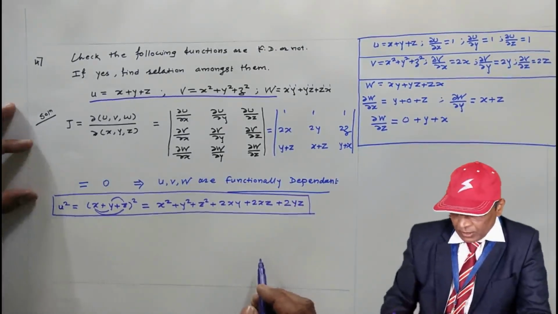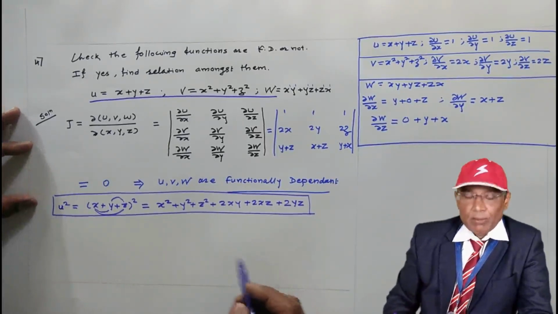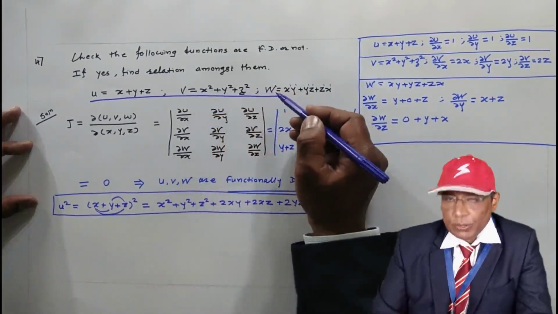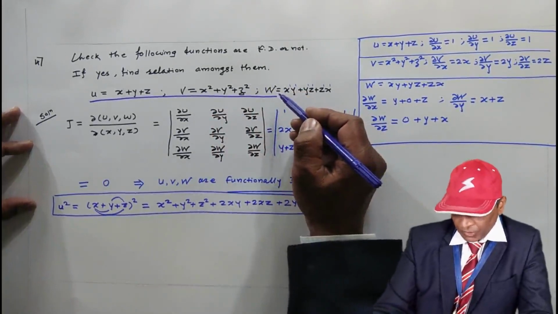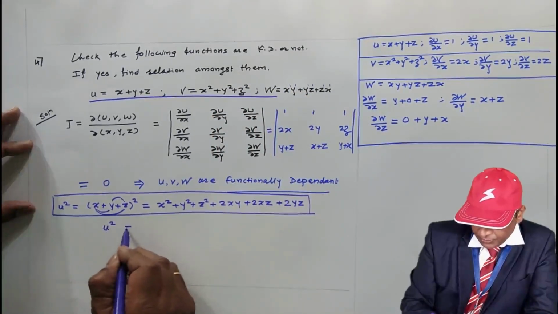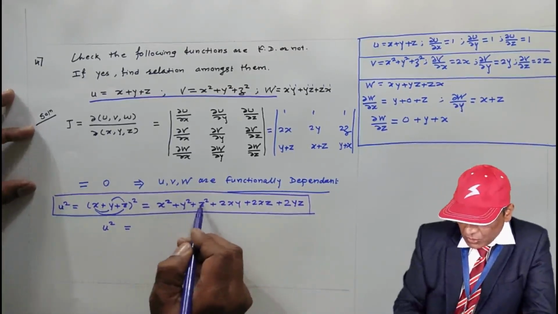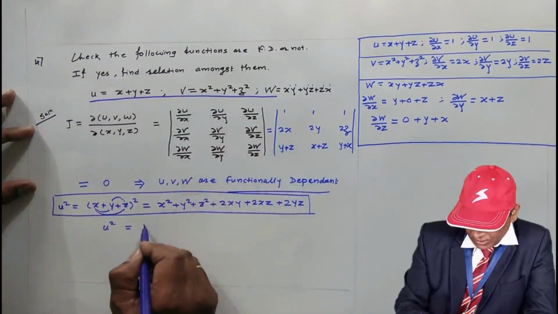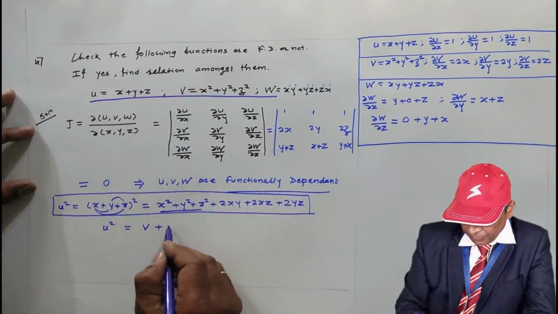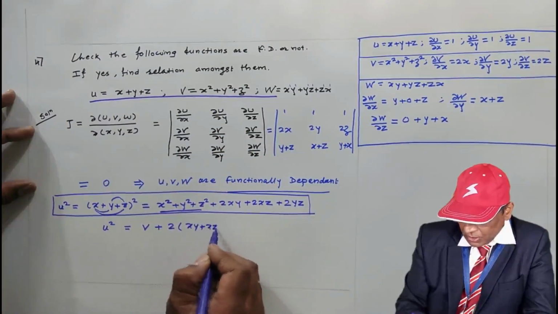Now, is there any possibility of having a combination of u square, v and w? If you look at this equation very carefully, x square plus y square plus z square can be written as v. If I write it like this, this is v, and 2 times xy plus xz plus yz.